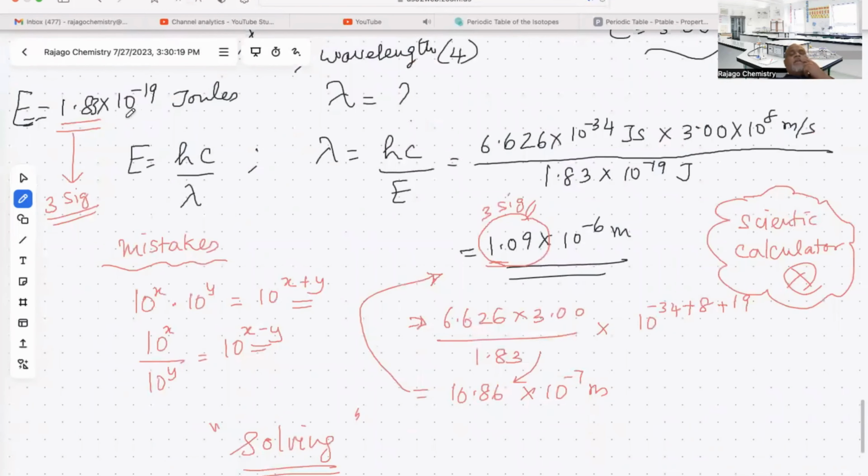And you have to know that this revolves around a very simple formula, and this formula is how to calculate either from energy to wavelength, or from wavelength to energy, or from frequency to wavelength, and so on. But how to solve them with calculator or without calculator, how to solve them very clearly.